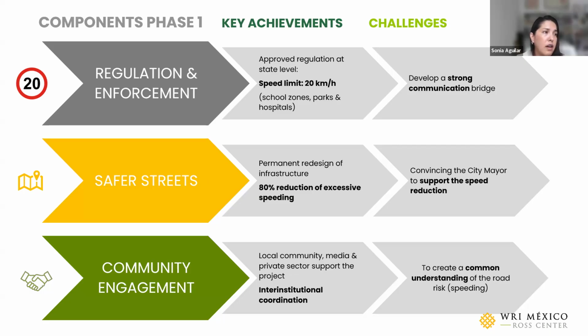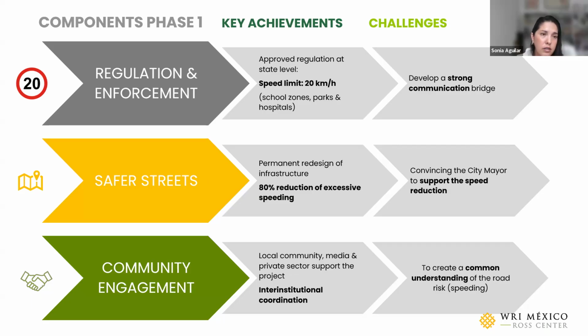For this, I can recommend that it was key to develop a strong communication bridge among decision makers and different governmental levels, to get their support, to get their commitment, and to link this to specific components and champions that we find in each of the municipalities.